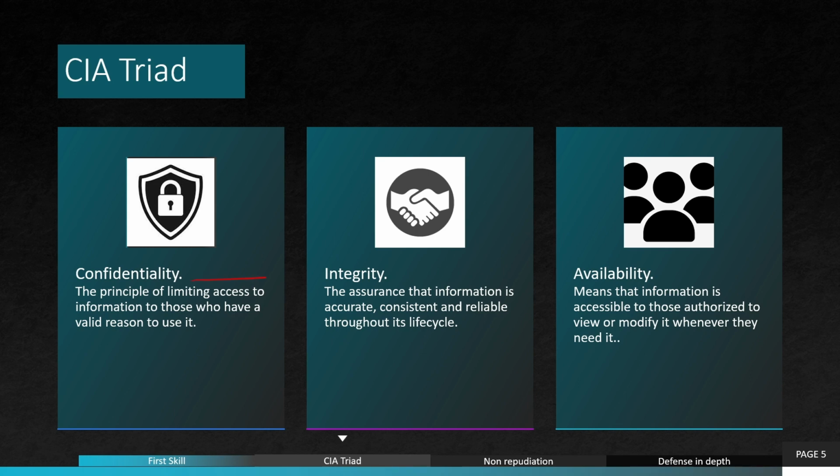Now, confidentiality is the principle of limiting access to the information, and we are going to be limiting this access to those that have got valid reasons to use it. For example, customers or employees' personal data should be protected and only disclosed to parties that are authorized to see these kinds of information.